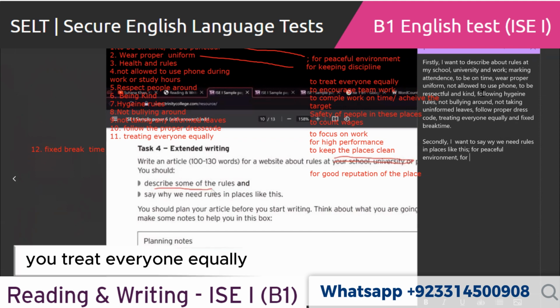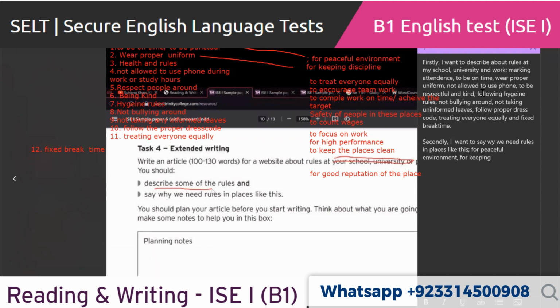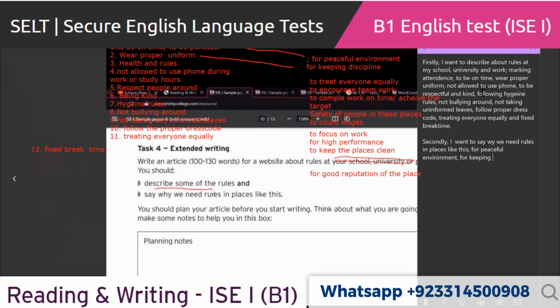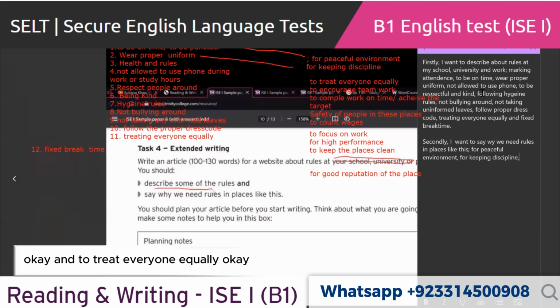Ma'am, we already wrote the point treating everyone equally. Then why did we write it again? Because this is a rule as well, but this is why the rule is needed also. For keeping discipline, and to treat everyone equally.